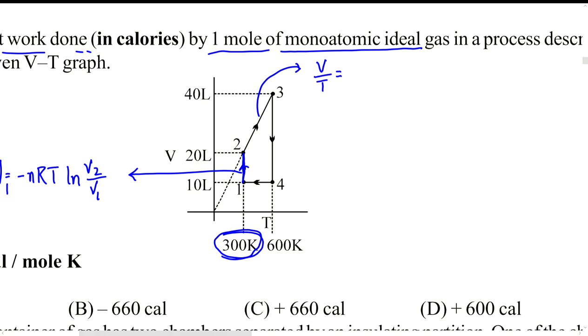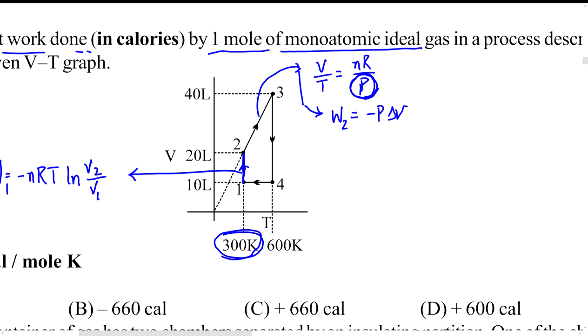And for the ideal gas, V by T is nR by P. So as V by T is constant, it's because pressure is also a constant in this case. So it's an isobaric process, for which I'll write work done, let's call it W2, as minus of P delta V.